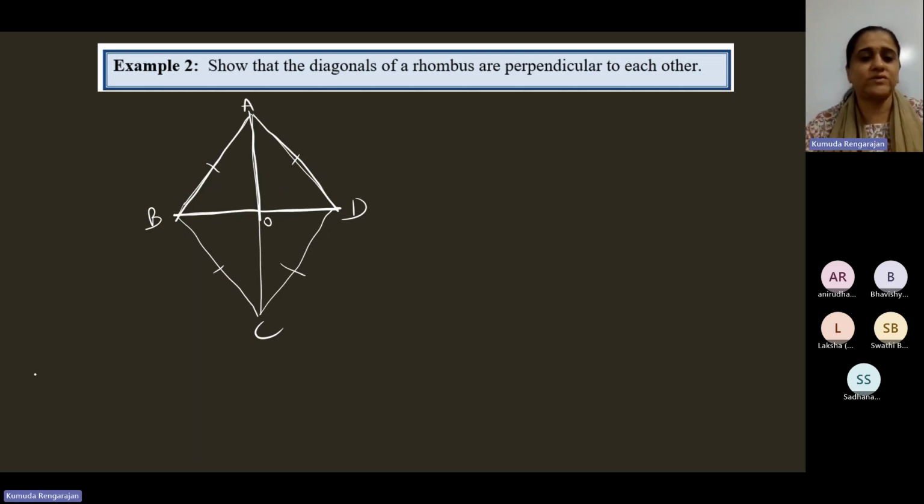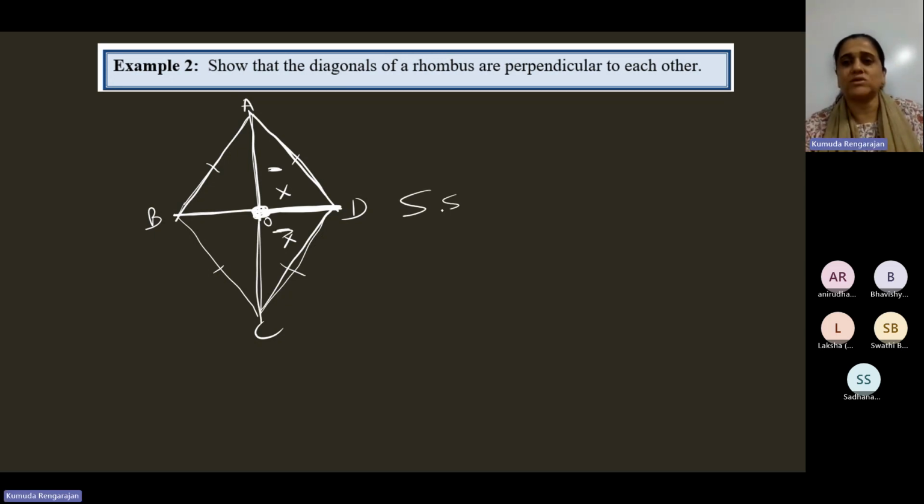See, same proof, whichever triangle you take. Supposing you take this triangle and this triangle. Same thing. AD of this triangle is equal to CD of this triangle. In a rhombus, all sides are equal. OD is the common side to both the triangles. Then for diagonal AC, O is the midpoint, so OA of this triangle is equal to OC of this triangle.